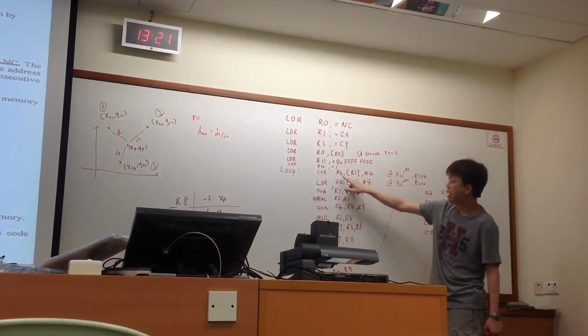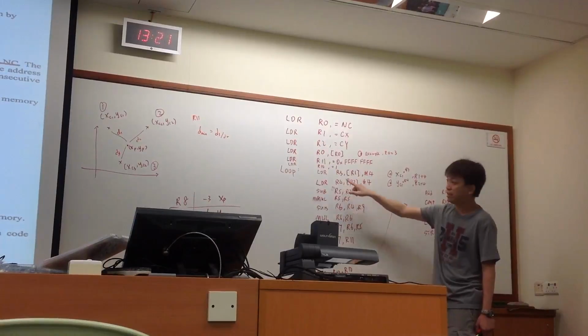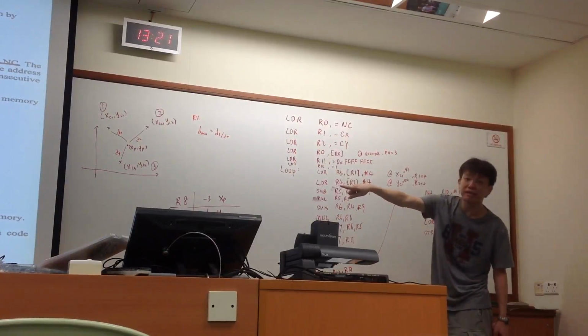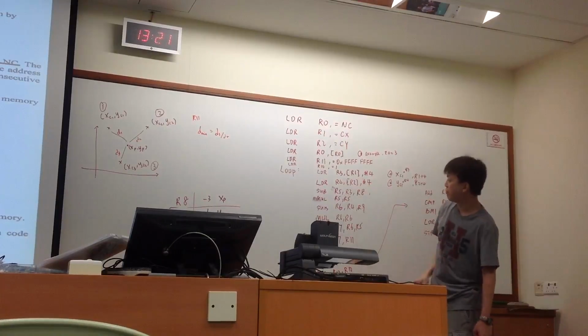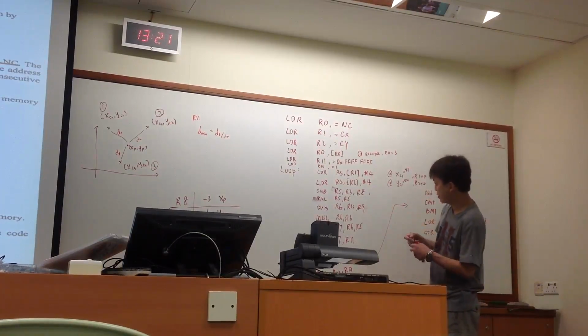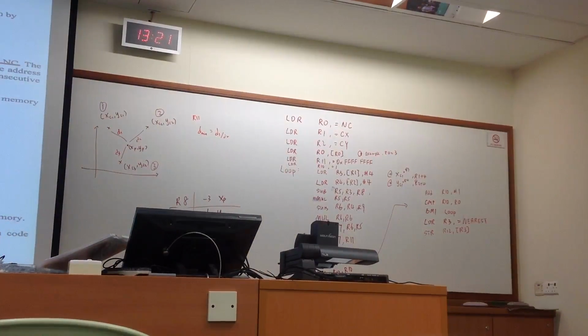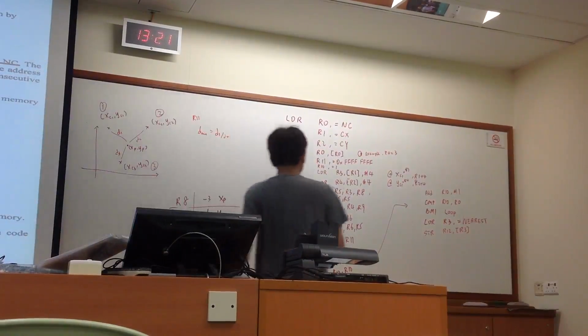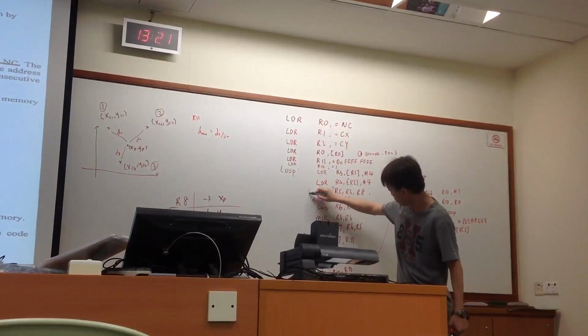Then I load R3, R4. You load the 2 and 4. In this example, 2 and 4 will load into R3 and R4. Then this portion will do the distance calculation, from here all the way till here.